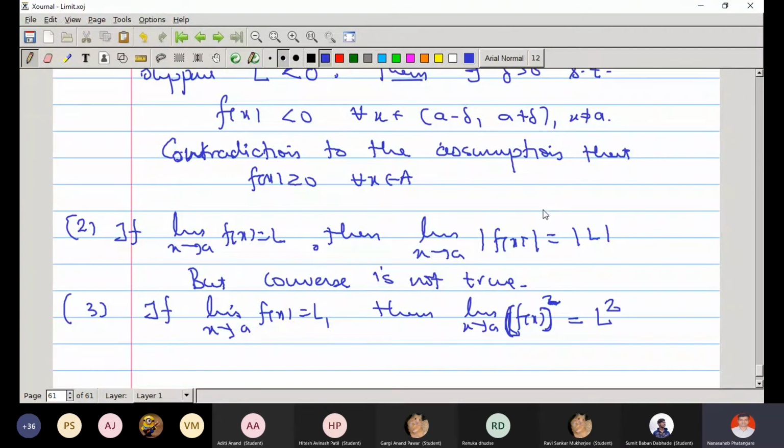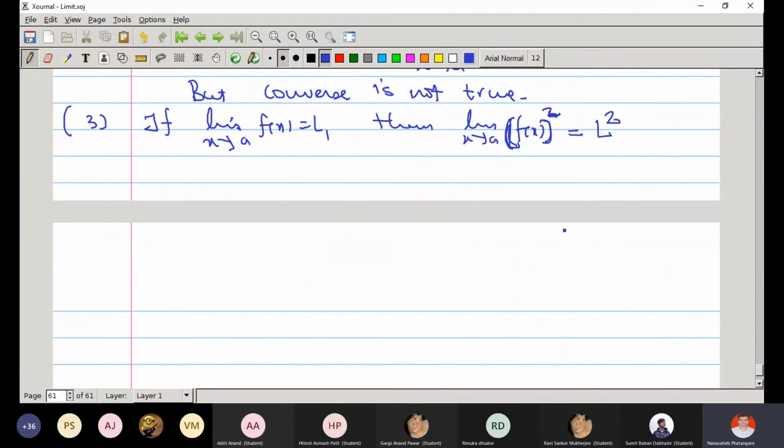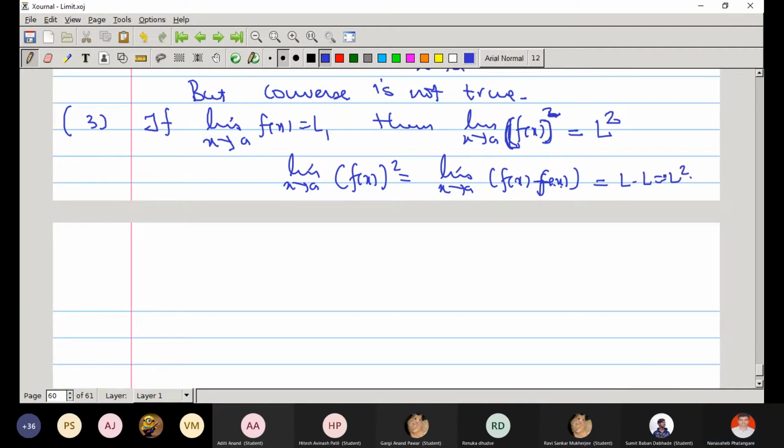This is obvious because when I say f of x square, it means f of x into f of x. The limit x tends to a, f of x whole square is the limit x tends to a, f of x into f of x. And we already know that the limit of f into g is limit of f into limit of g. That means it is L into L, which is L square.